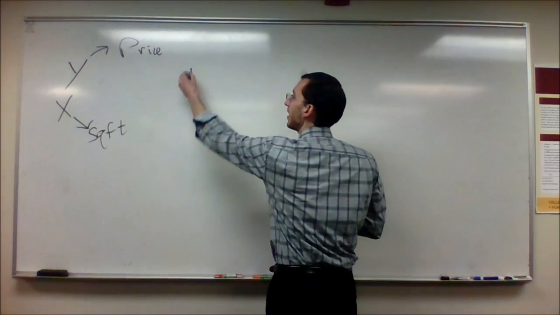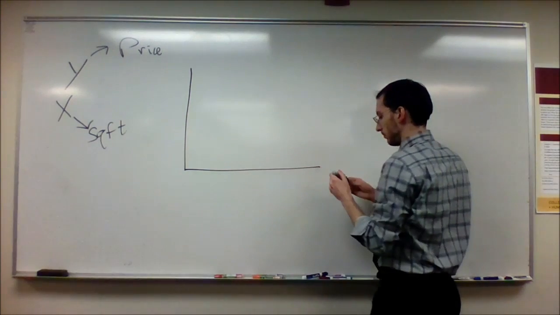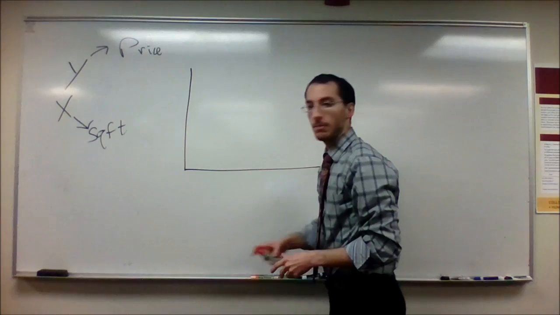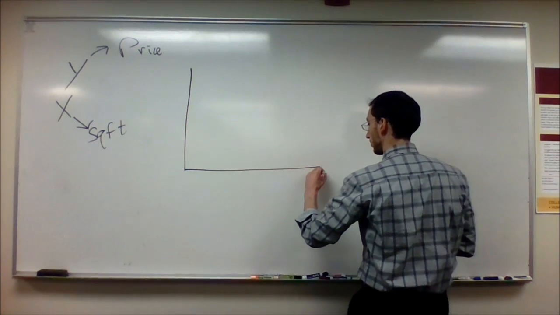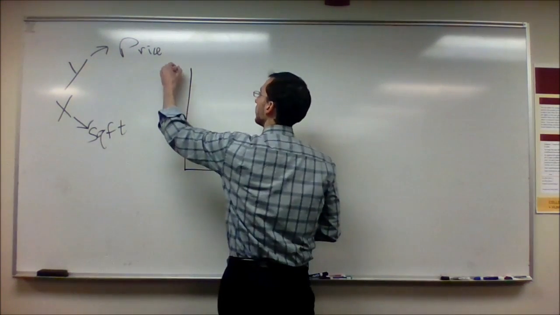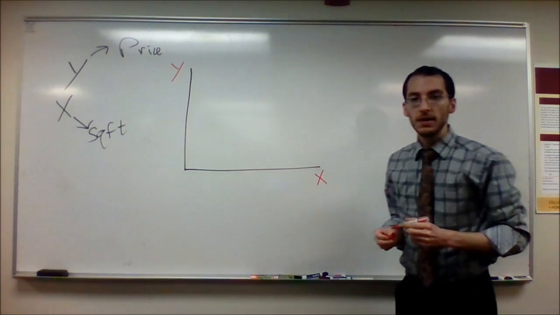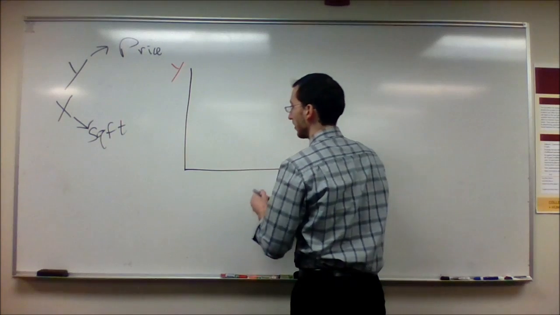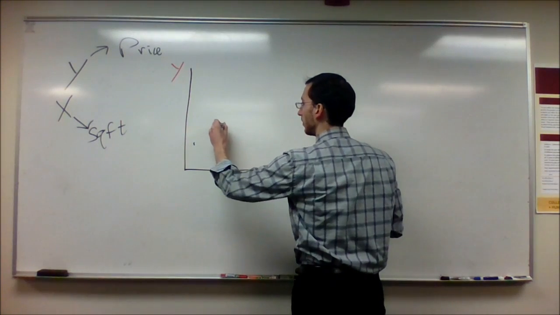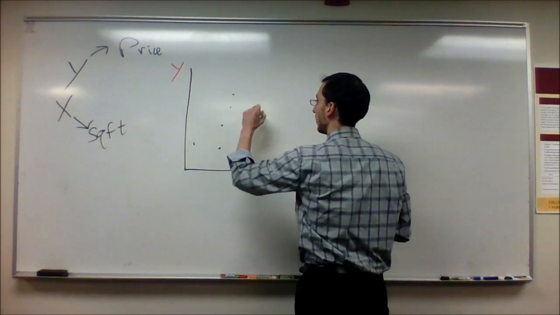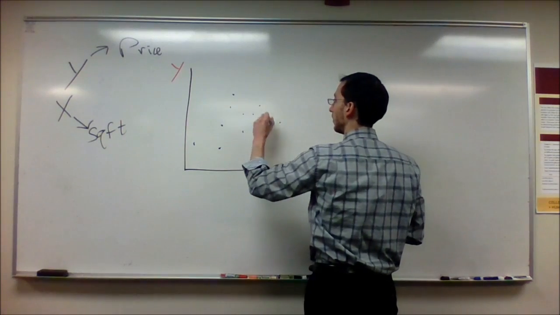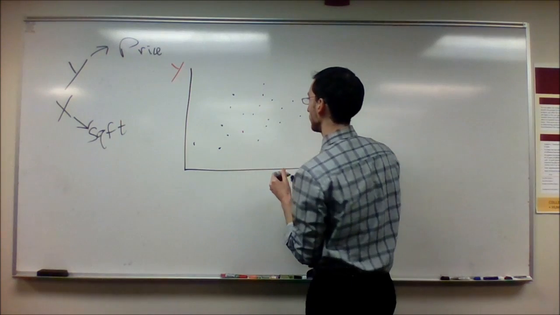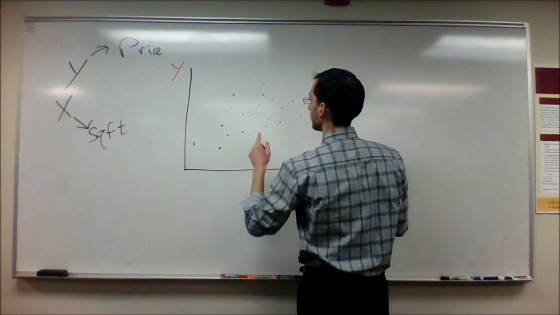So I'm just going to make up a graph here, and I'm just going to make up generic x and y. And I'm going to put on some generic data here. Just making it up. Something like this. It's kind of a lot of points.